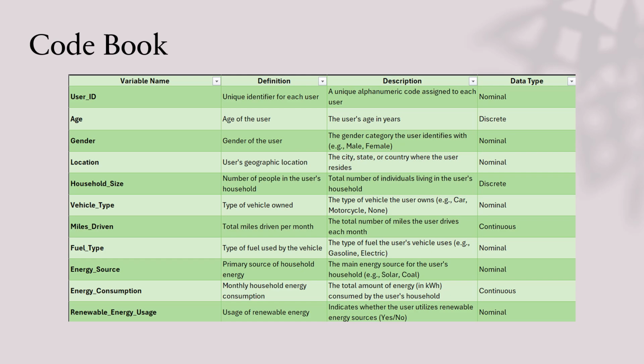Also the source of energy, which includes whether they are using solar and renewable energy sources, or coal and gas, which are non-renewable energy sources, and the monthly energy consumption of the house comes under energy consumption. And do they use renewable energy, which is a boolean type, yes or no.